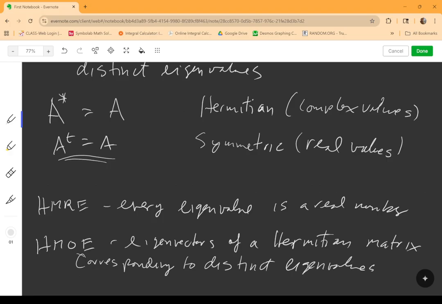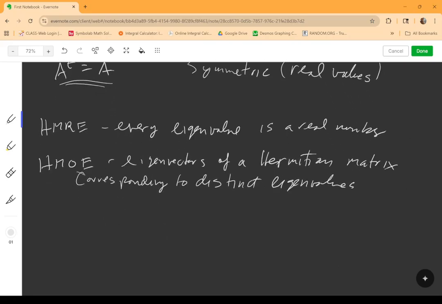We know a previous theorem tells us that they're linearly independent, but when it's a Hermitian matrix, you can assume another property besides linear independence: orthogonality.